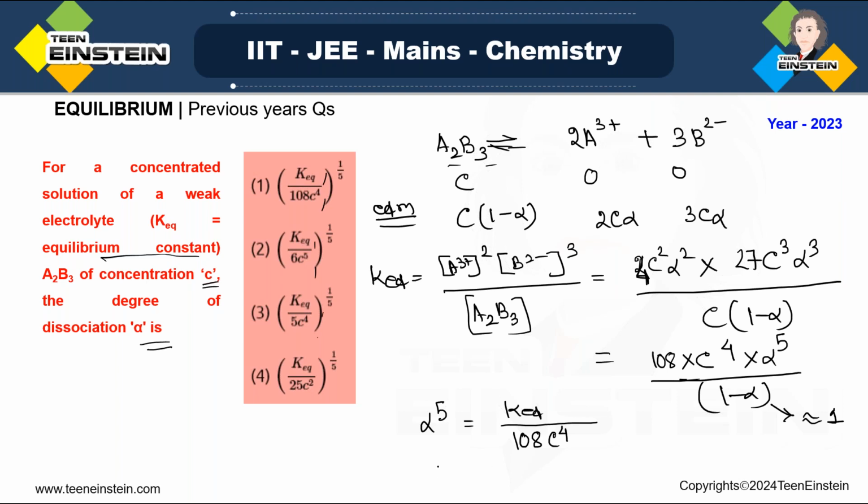And when we are trying to find only alpha, it will be K equilibrium over 108 C4, to the power 1 by 5. And this 108 term you will find only in the first option, right? So no confusion. Even if you reach this value of 108, that will also help you choose the correct option.